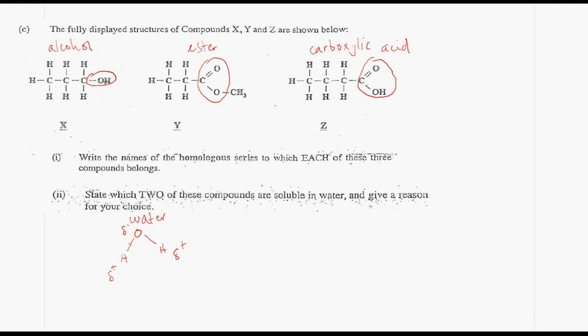So in the case of the alcohol, the OH group is able to form a strong bond with the water molecule, and therefore the alcohol will be soluble in water. The other group that will dissolve in water is the carboxylic acid, and that is also because of this OH group that is present here.